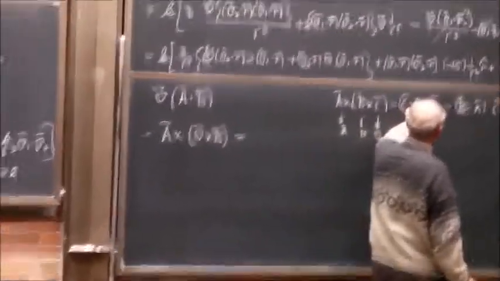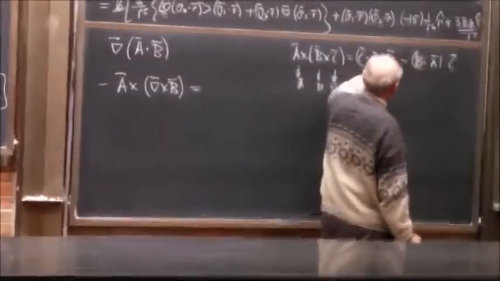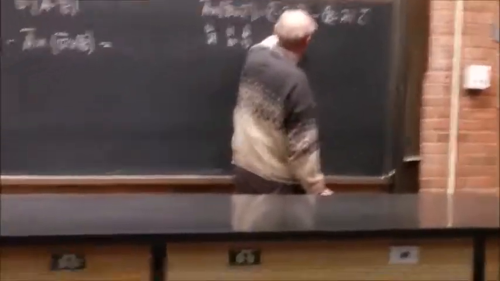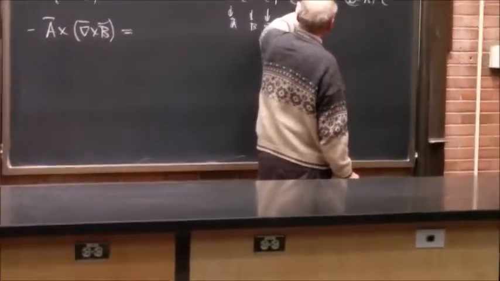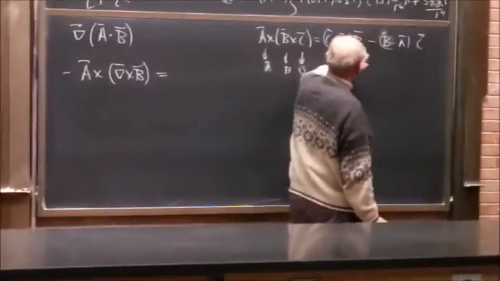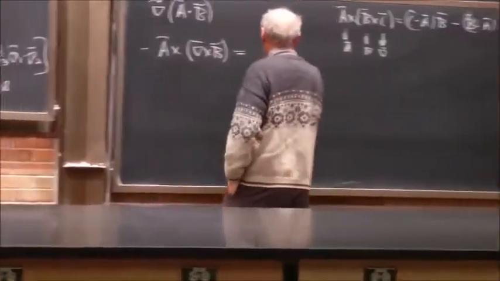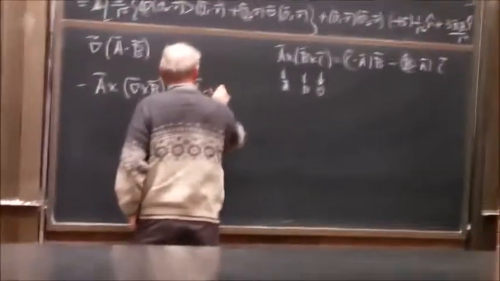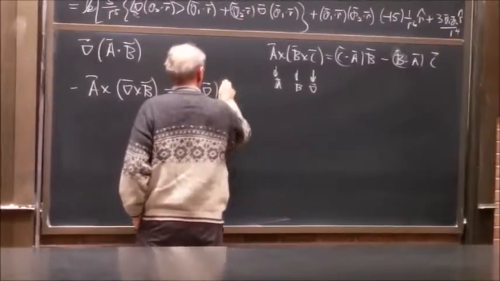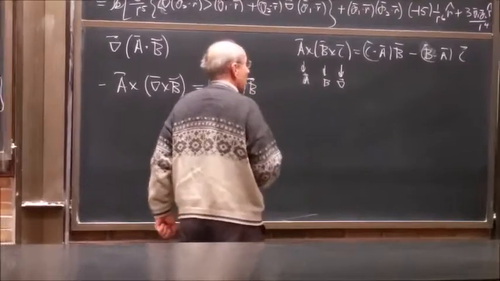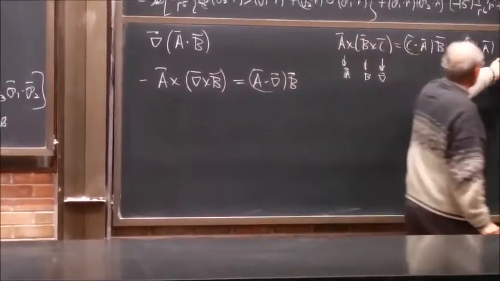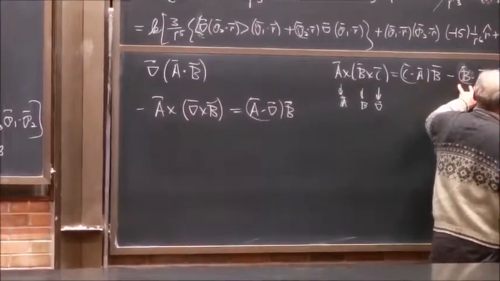Now, the dot product doesn't matter what the order is, but we want this just to the left of this. We want the C to operate on B, so this will be A dot del on B. And here we want this operating on that stuff.